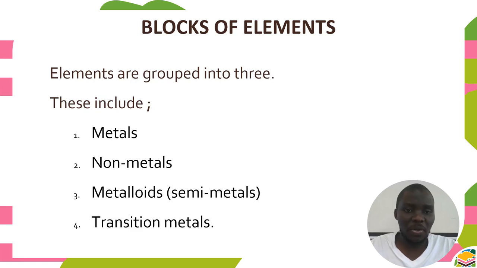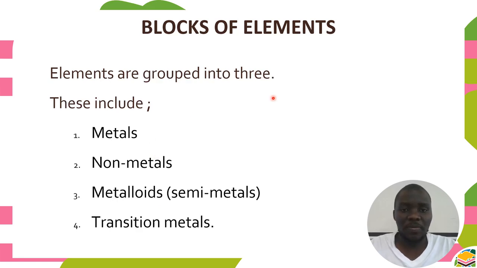We have three major blocks: the metals, the non-metal elements, and the metalloids, and metalloids sometimes are known as semi-metals. The metalloids have a similar behavior of either a metal and non-metal. We also have transition metals, which are also known as heavy metals. So these are the blocks of elements in the periodic table.